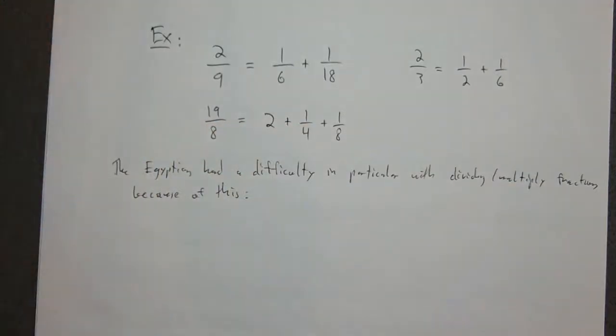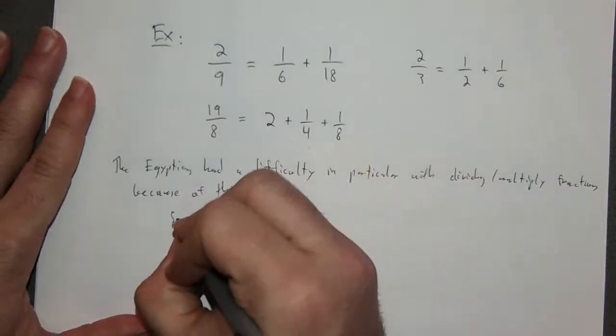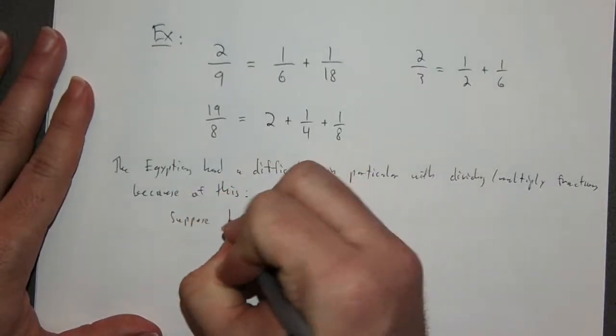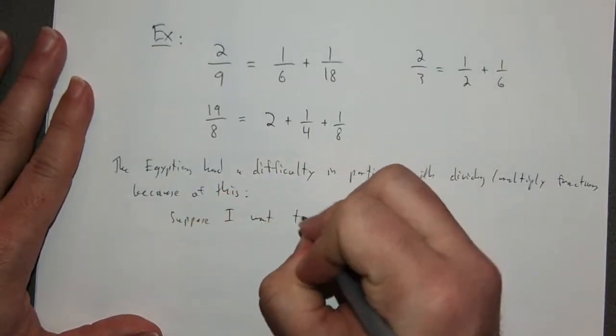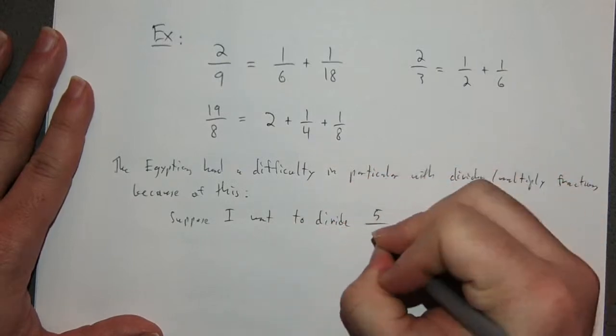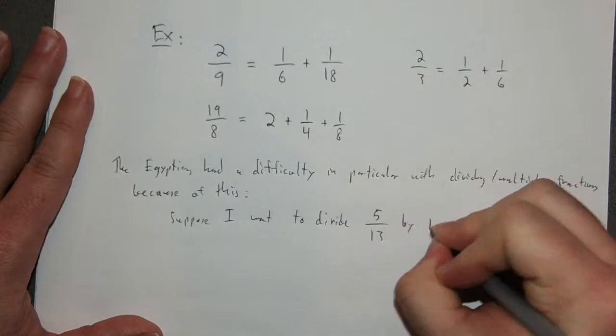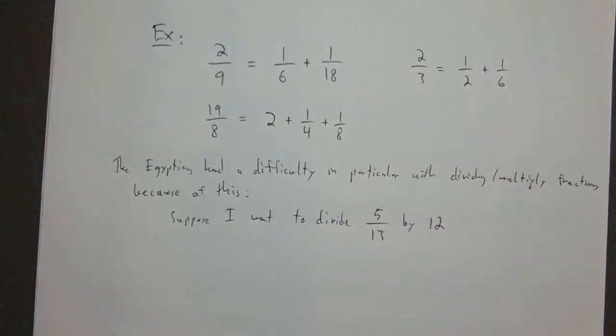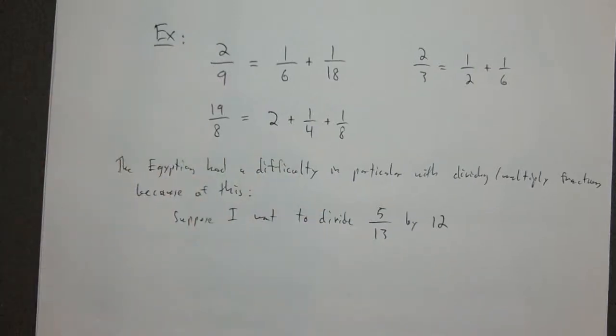Say you wanted to divide the fraction 5/13 by 12. Suppose I want to divide 5/13 by 12. For us this is no problem. We can just immediately say, oh, 5/13 divided by 12, that's just 5 over 13 times 12.